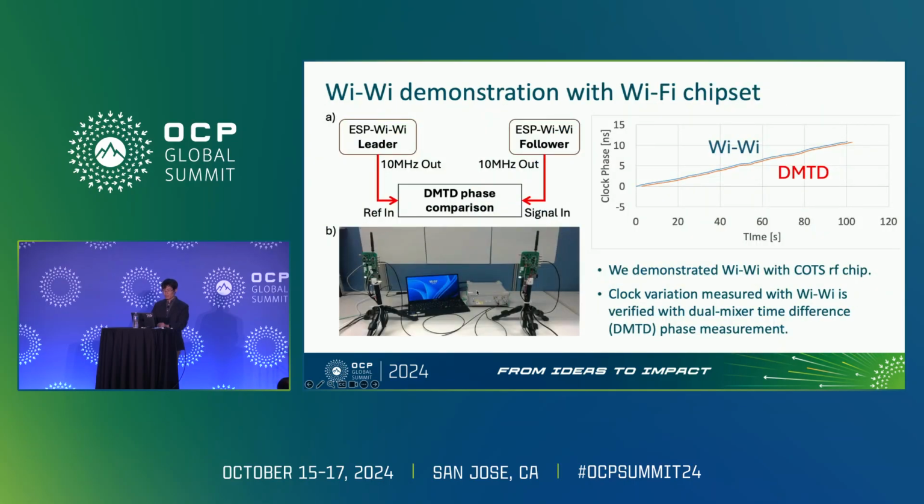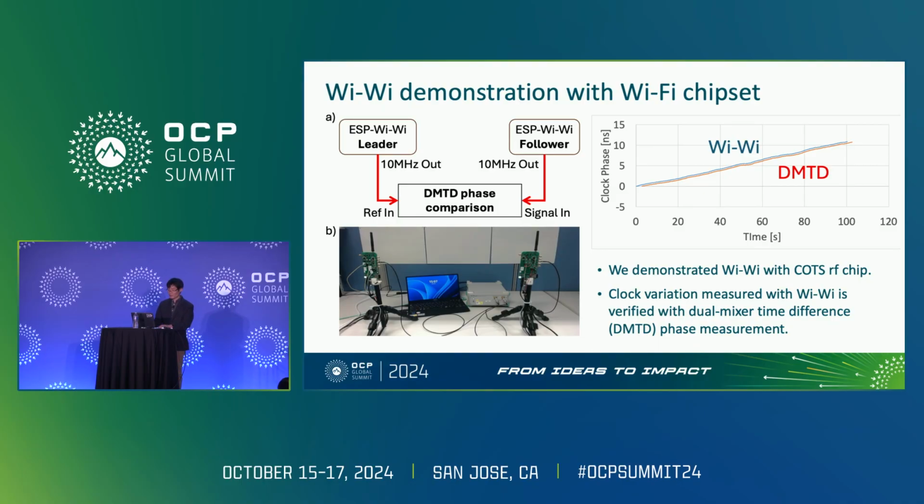And so we took Julian's board, and we demonstrated we can do YY with this Wi-Fi board. And the nice thing about the Wi-Fi chipset is that in the Wi-Fi board, they already have the so-called channel state information. And that is really the measurement of the amplitude and phase of the received signal for each channel.